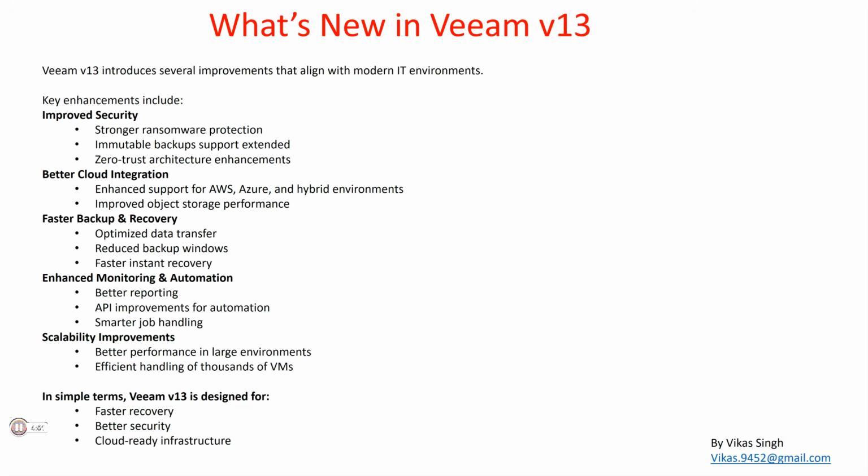In simple terms, Veeam 13 gives you faster recovery, better security, and cloud-ready infrastructure. You can focus on each: faster recovery, optimized data transfer, reduced backup window, and faster instant recovery. These are the enhancements done for Veeam 13.